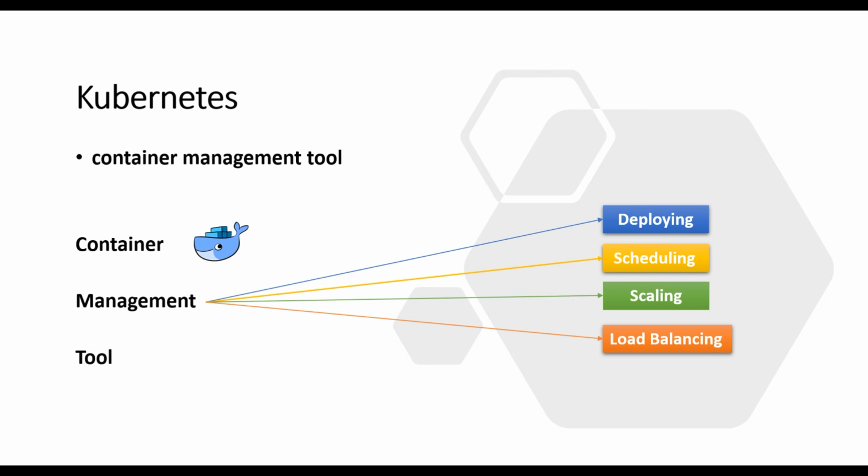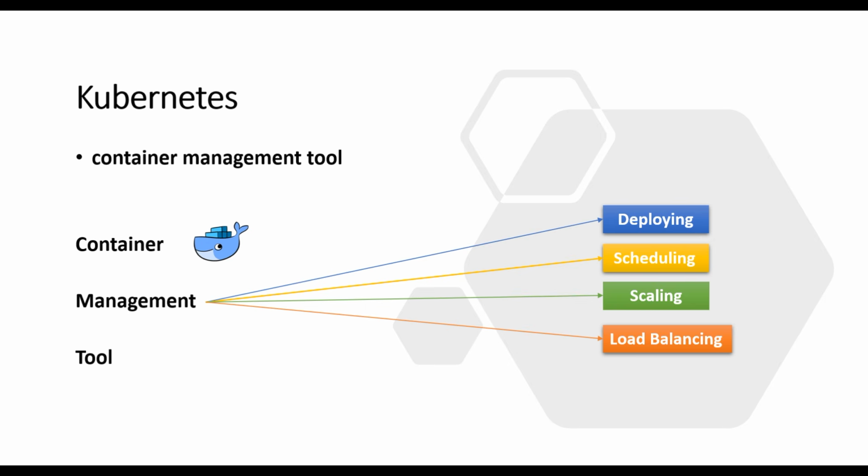That's why it is called a container management tool or container orchestration engine, because it manages and orchestrates container activity. These are the container activities: deploying, scheduling, scaling and load balancing your containers based on the user load or your requirements. On your behalf, Kubernetes will take care of these activities if you are running your application on a container platform.